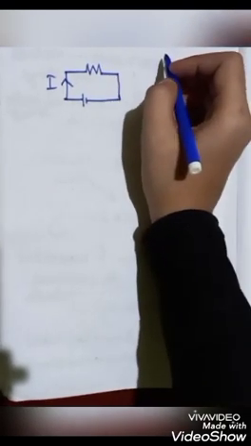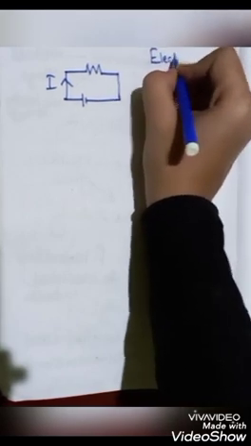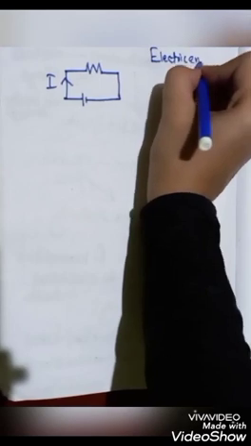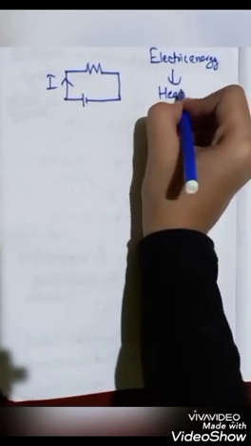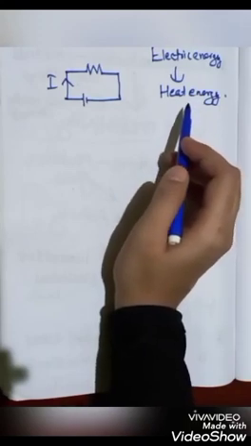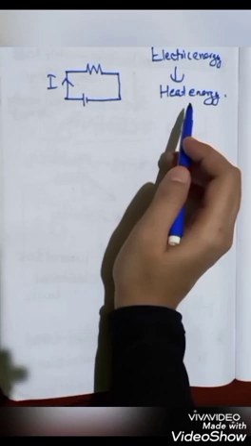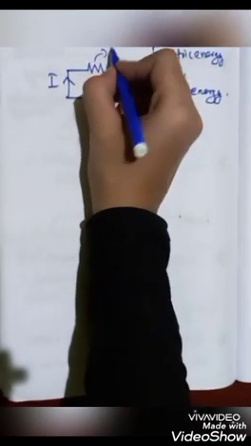We know the electric current is a form of energy, that is electric energy, and this electric energy is converted into heat energy. Or otherwise we can say that here the energy gets dissipated in the resistor as heat.